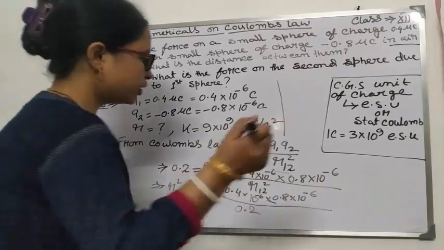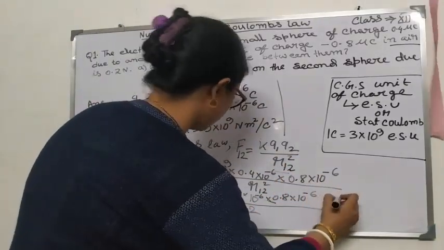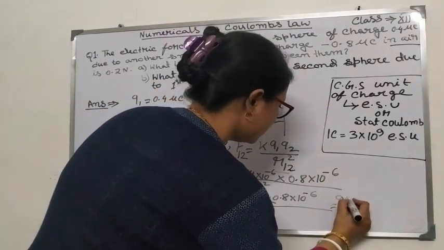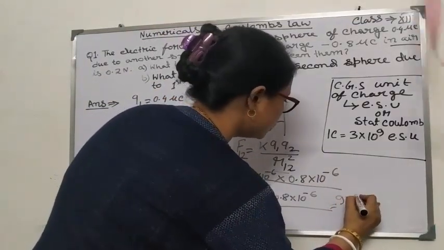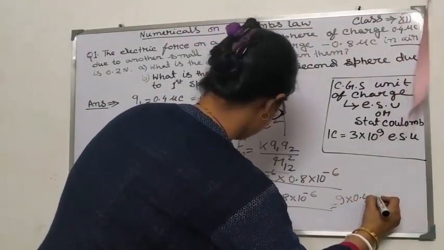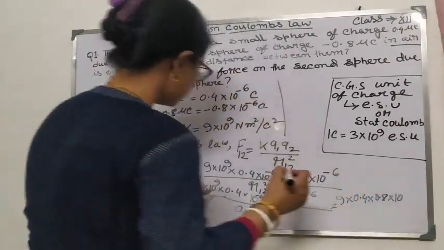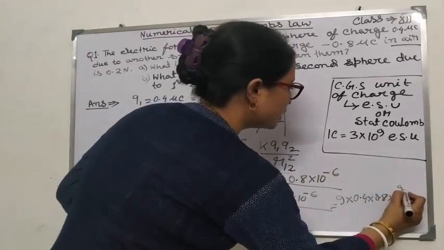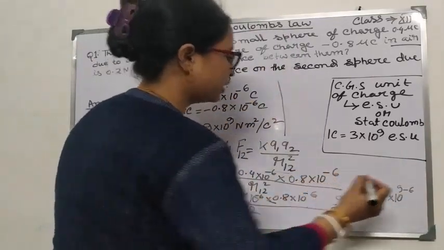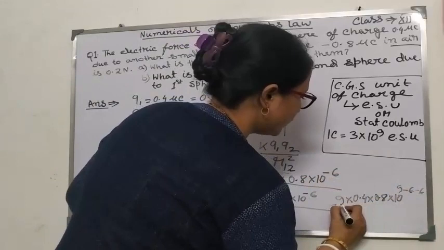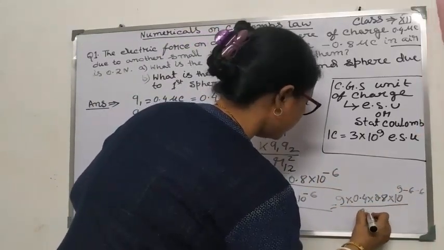First let us calculate. So it will be 9 into 0.4 into 0.8 into 10 to the power, first it will be 10 to the power 9, then minus 6, then again minus 6, divided by 0.2.